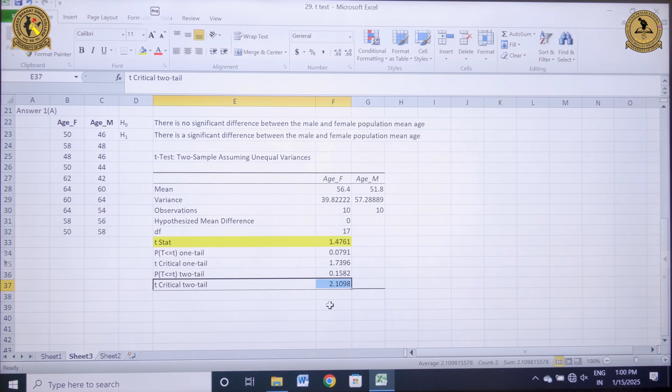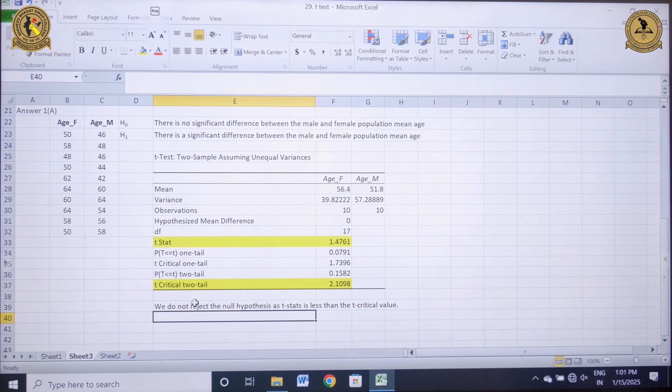It is 2.1098. The t-statistic is less than the t-critical two-tailed value, and hence we do not reject the null hypothesis.